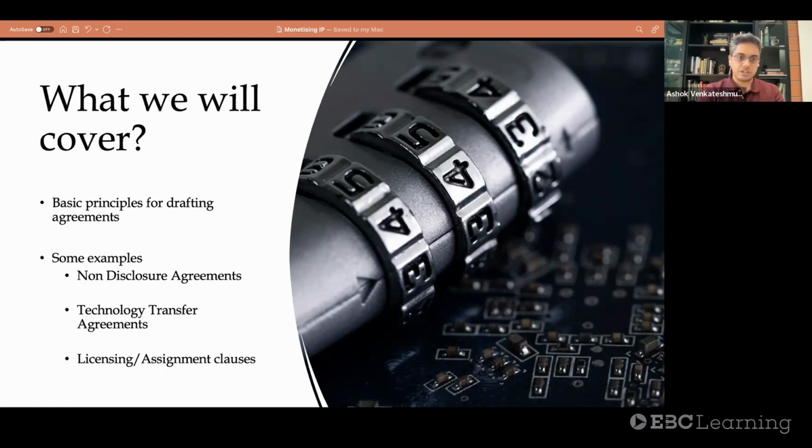The second is technology transfer agreements, and as part of that we will also cover the clauses dealing with licensing and assignment. If there are no questions at the outset, shall I proceed to the first set of slides?